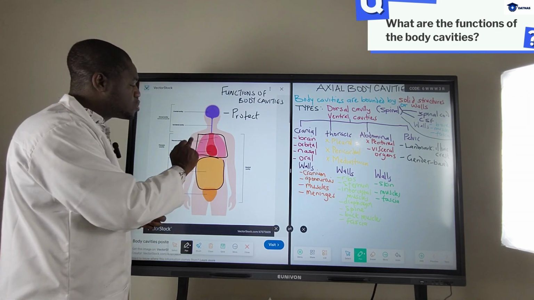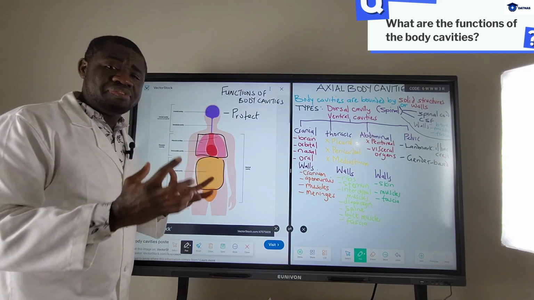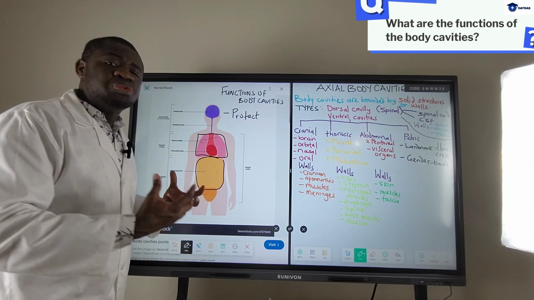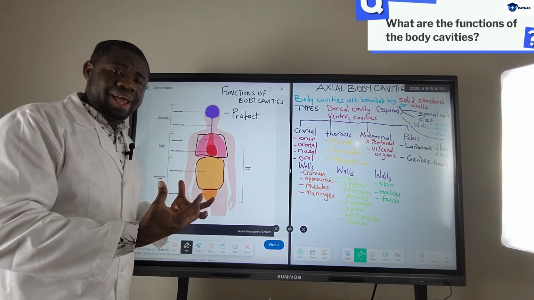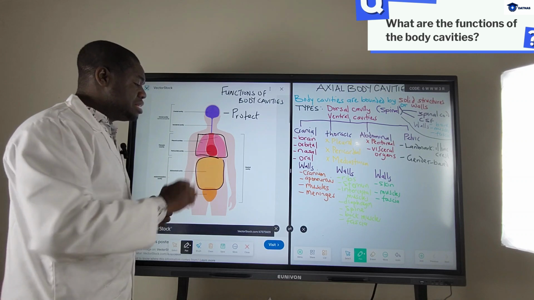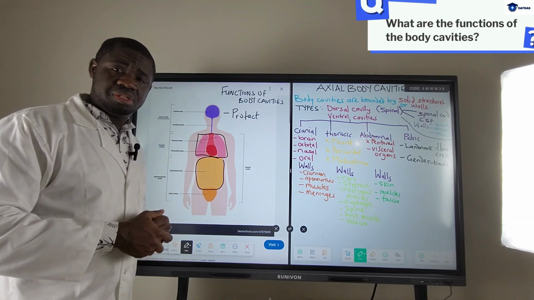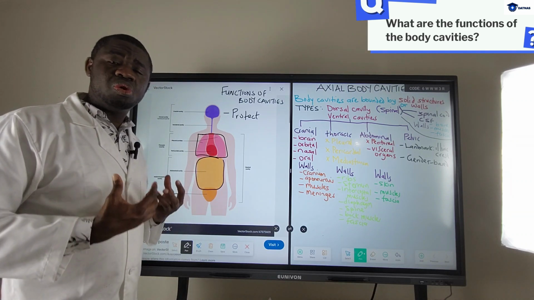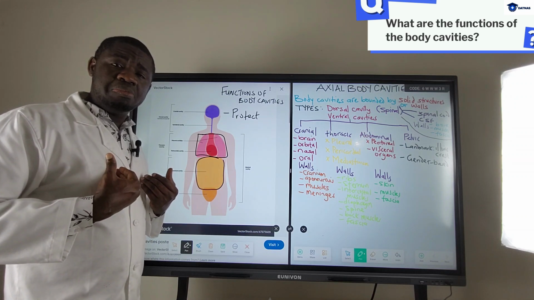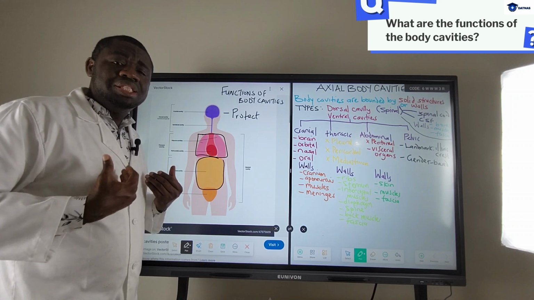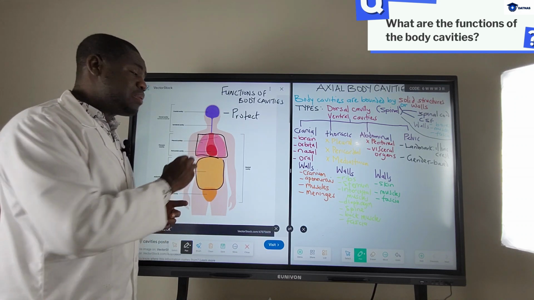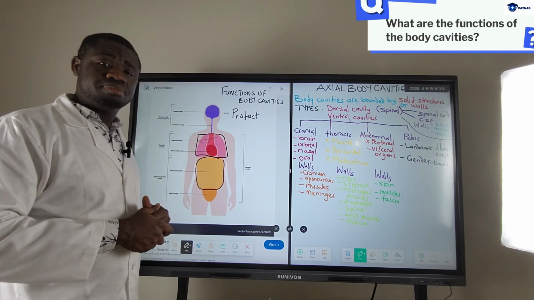Because the walls that form the cavities exert protective functions for the structures within the cavities. For instance, look at our chest. It contains the skin, the ribs and sternum. Imagine we don't have this. Our lungs will be exposed, our heart will be exposed.